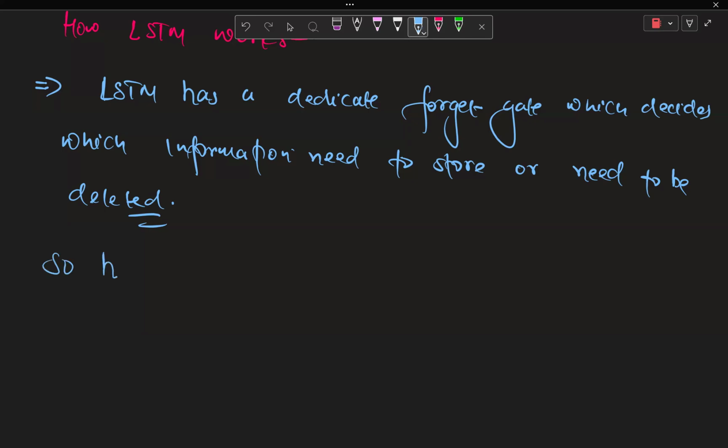So here, this gate controls all the flow.